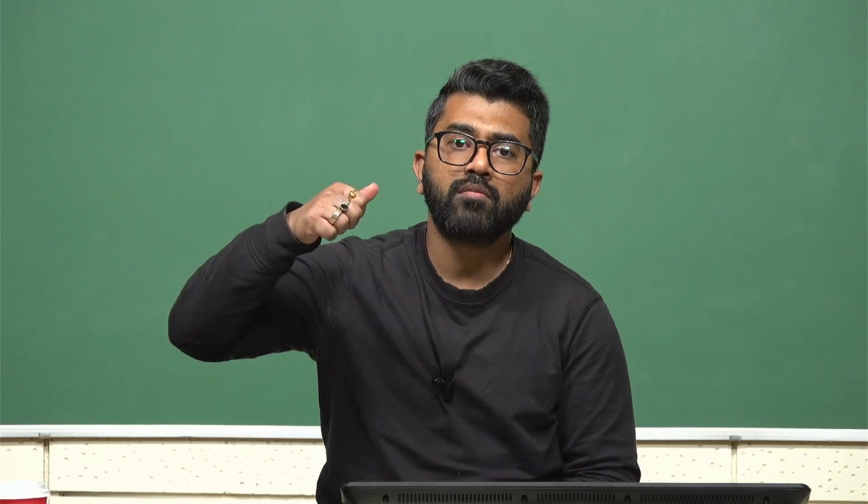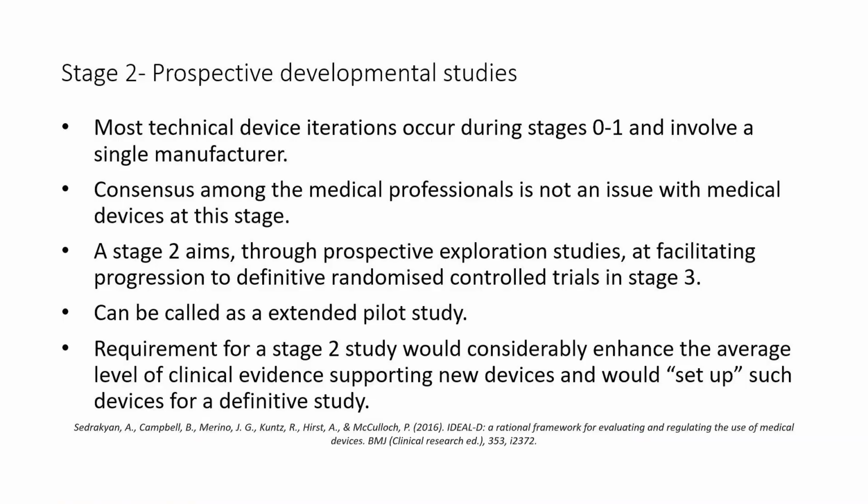They may have gone through a set of iterations to get the crafting done properly, right, or the meshing done properly. There might be one device which is not projecting the slit patterns properly. So after all these iterations, you need to go for stage 2 once they have been tested and tried. There needs to be consensus among the medical professionals that there is no issue with the medical device or any kind of material at this stage.